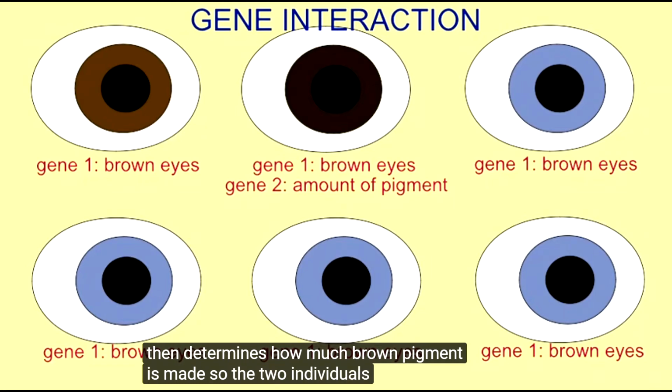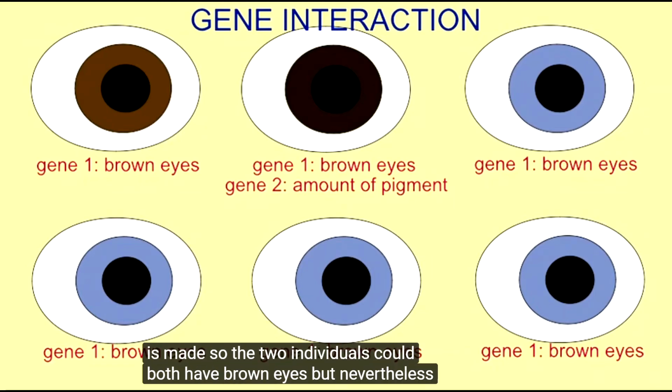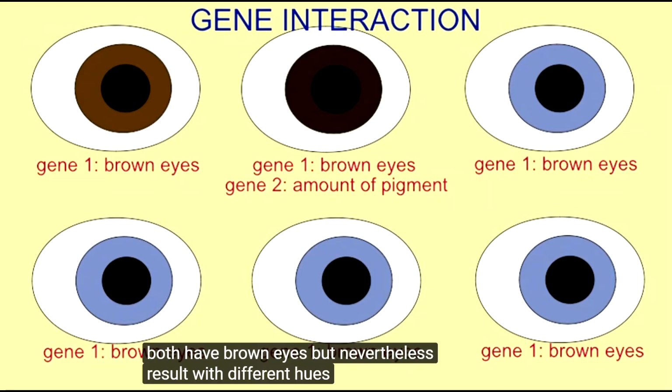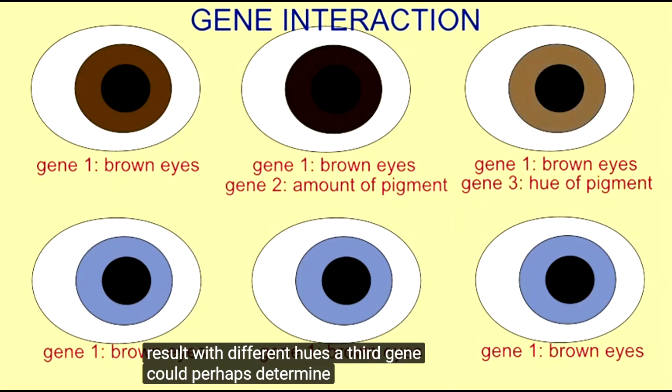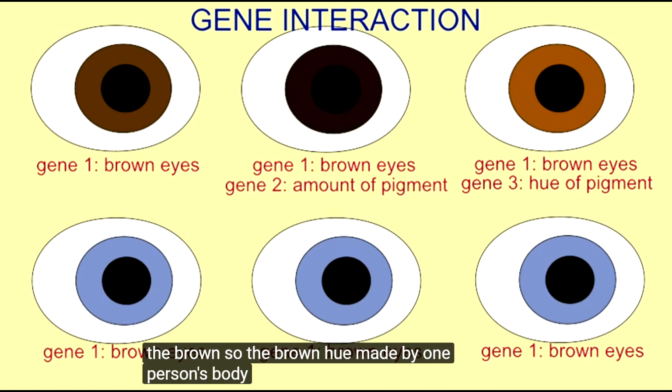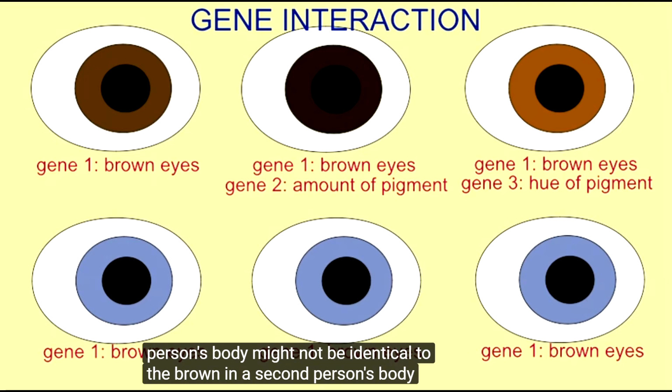So two individuals could both have brown eyes, but nevertheless result with different hues. A third gene could perhaps determine the exact hue of the brown. So the brown hue made by one person's body might not be identical to the brown in a second person's body.